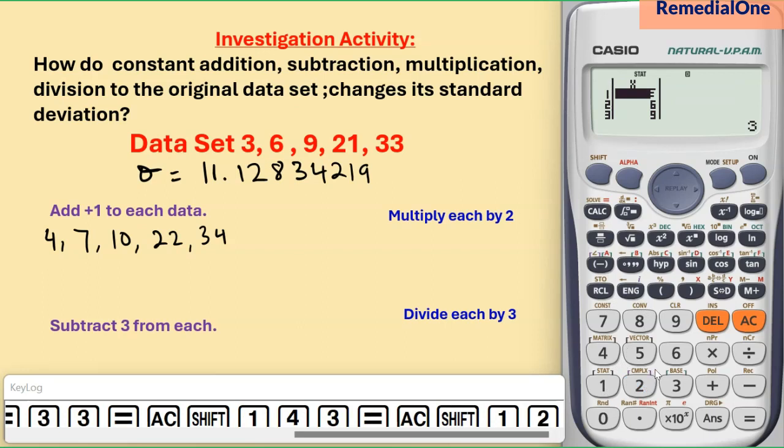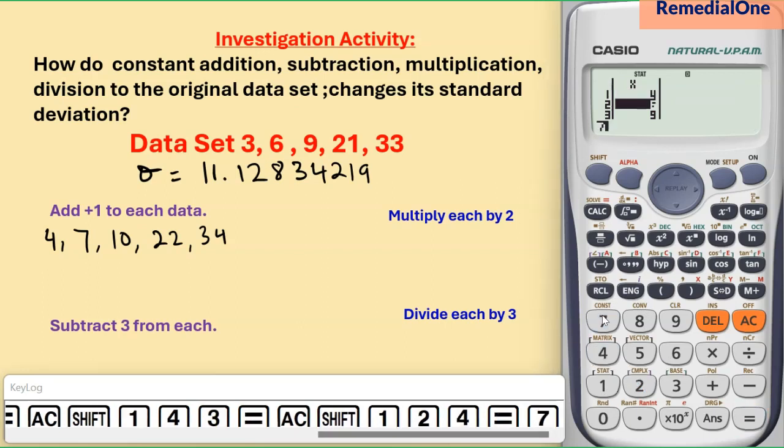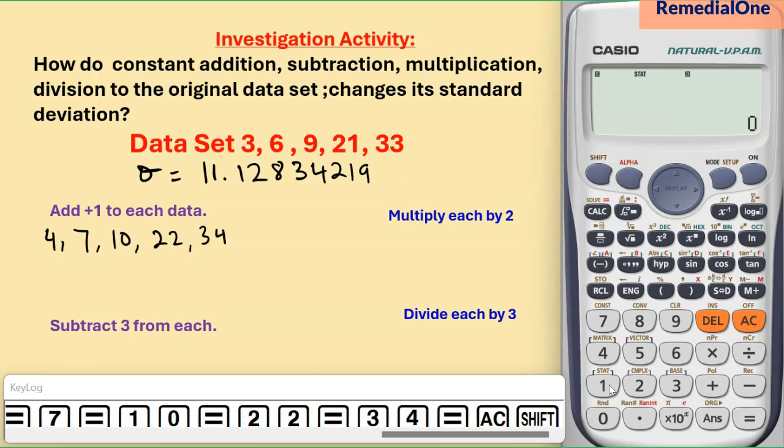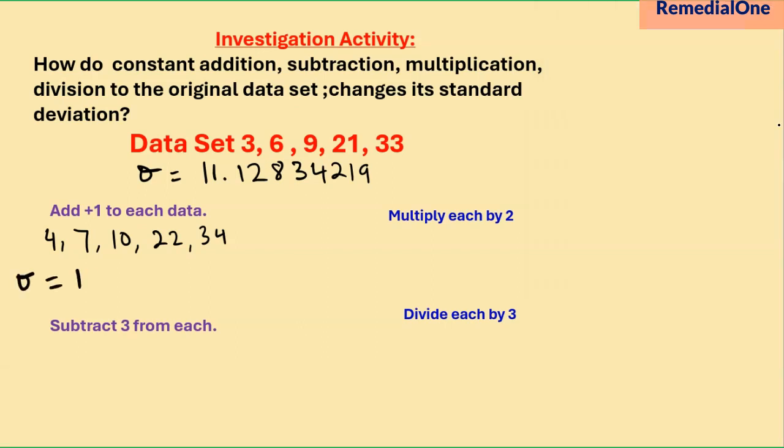Option 2, and we are going to enter 4, 7, 10, and the rest of it. Okay, so that's the new data. We move away. We calculate our standard deviation, option 3, and see what is happening. The same number, it didn't change. So let's also write the standard deviation of this. It did not change.